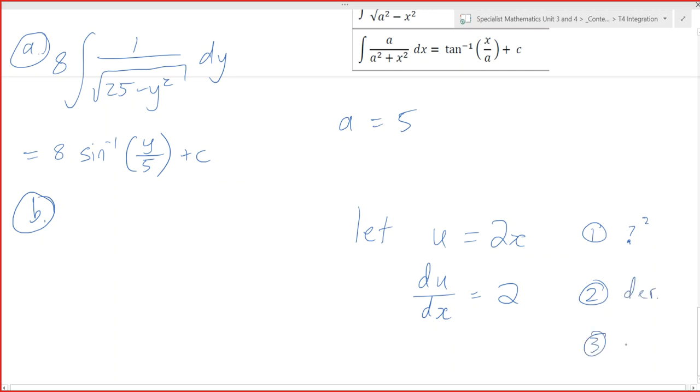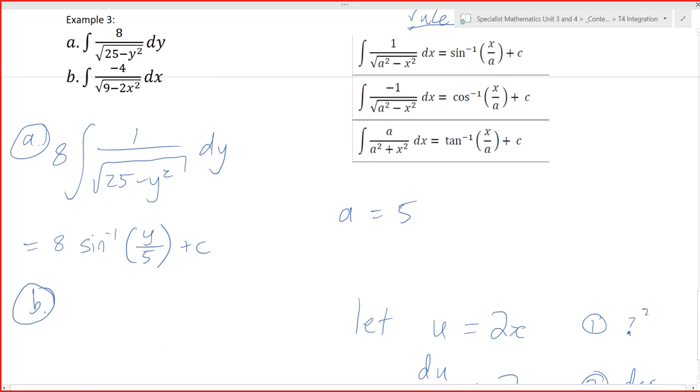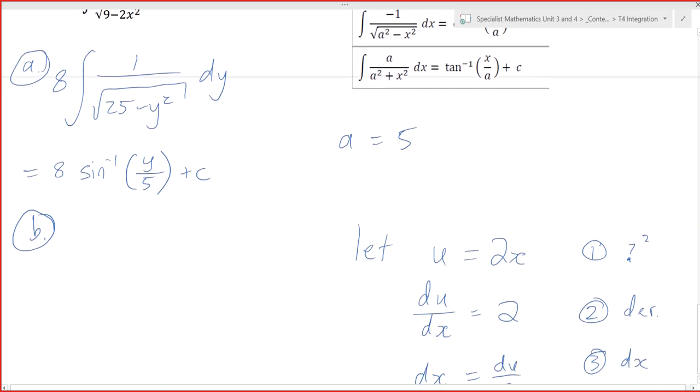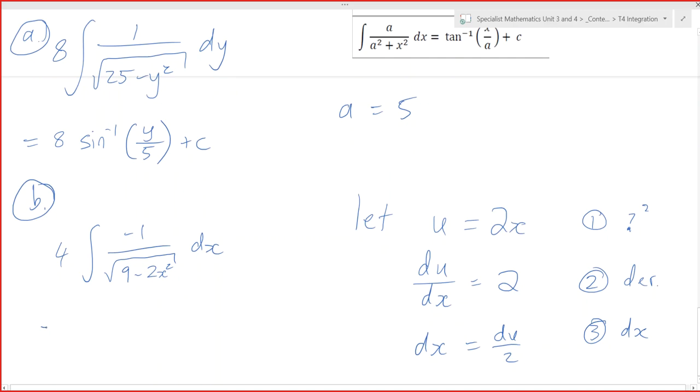Step 3, isolate dx. Because we're going to substitute that back in, like we have done the last couple of lessons. Okay, so if you have a look at this, we're going to bring the constant out the front. We are then going to sub in this one.